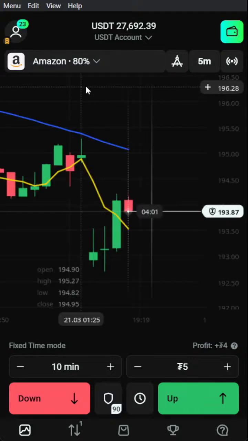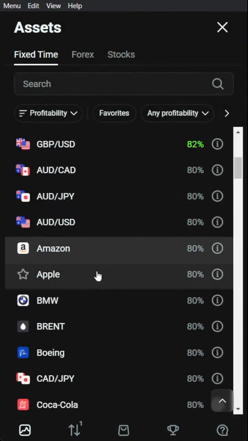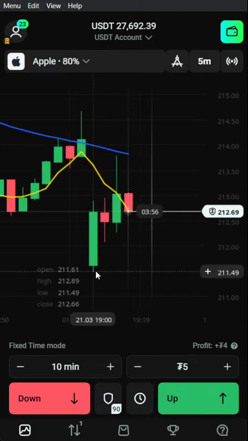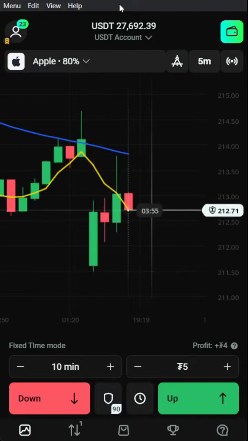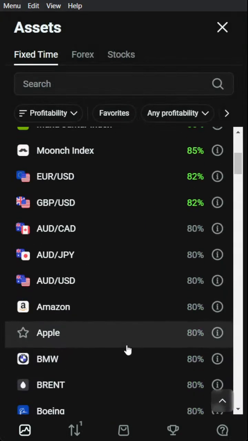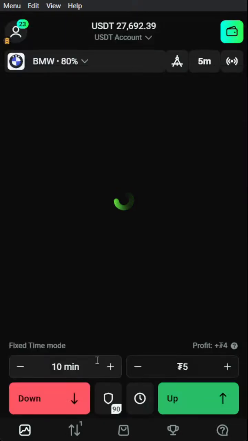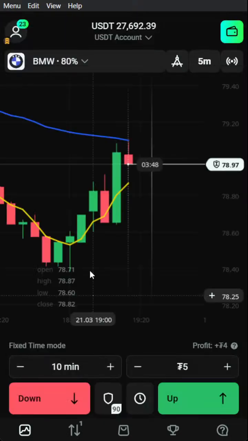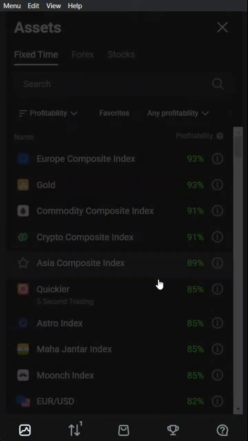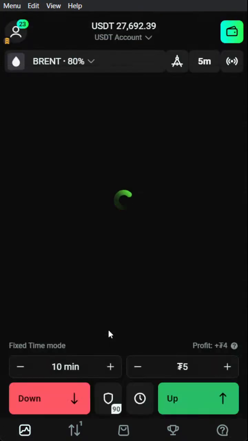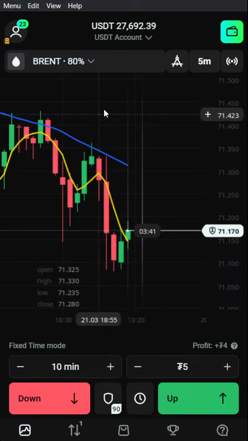Let's check some more assets, guys. Okay, here we are getting an up signal, but not right now. We need some signals right now.